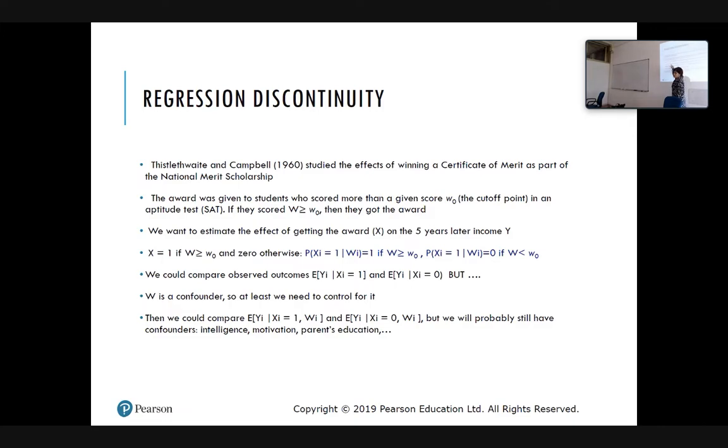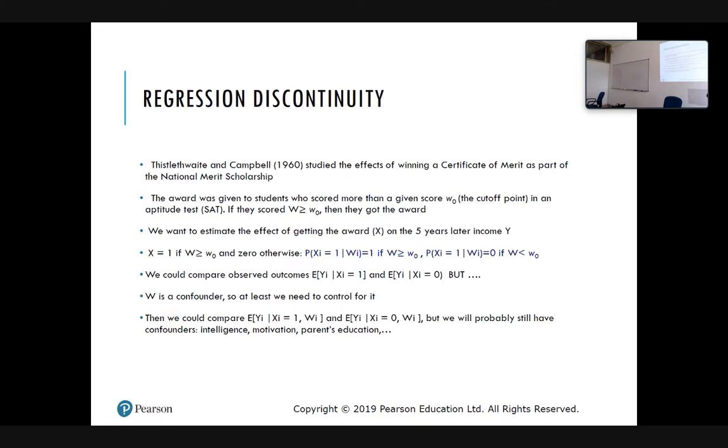If W is above W0, if the score is more than W0, the probability to get the award given W is equal to 1. So it's certain that I get the award if my score on this test is above this value. Instead, this probability is equal to 0 if my score is below this W0.